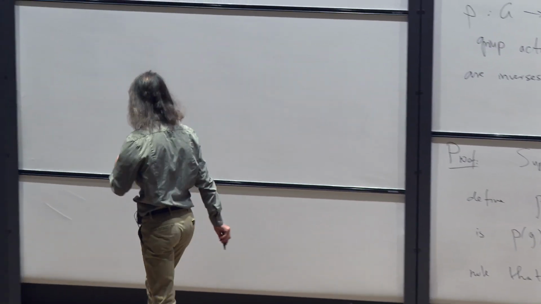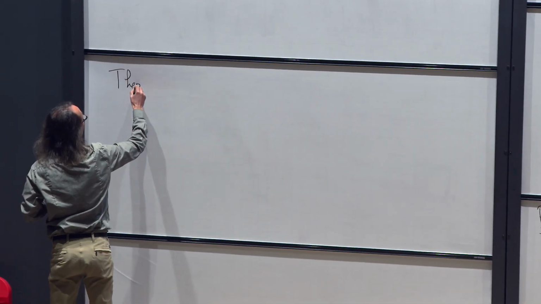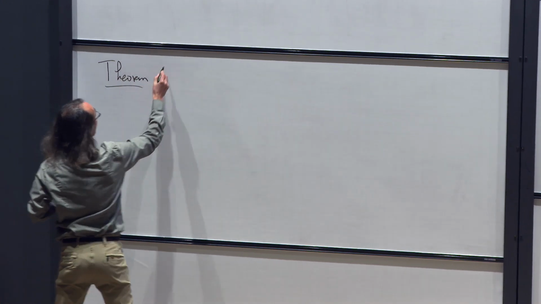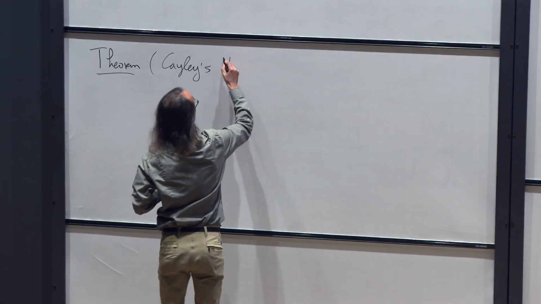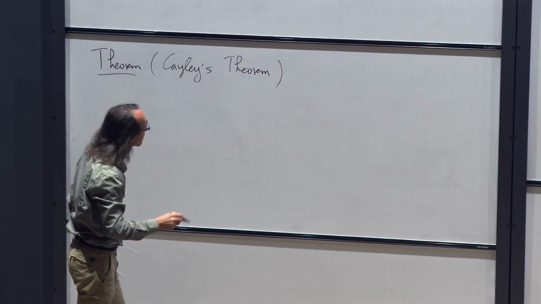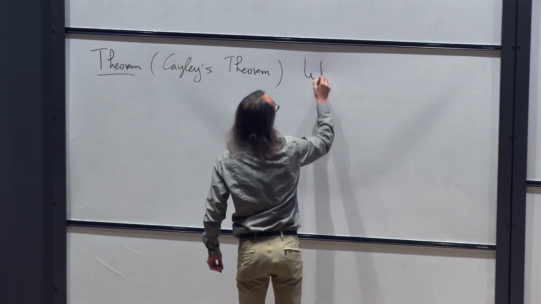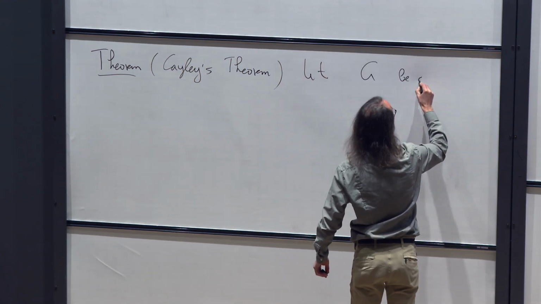So let's prove this. The theorem is known as Cayley's theorem. It's more concrete to state for finite groups first, so let G be a finite group.